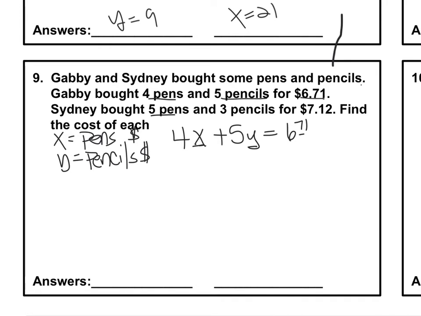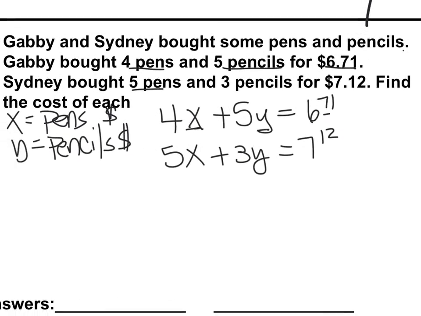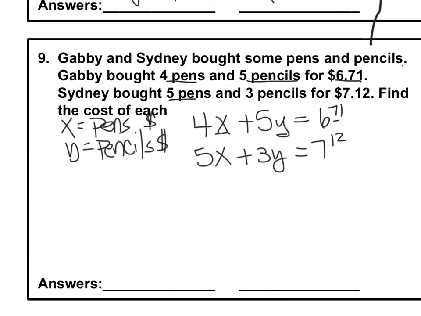And then Sydney bought 5 pens and 3 pencils, and she paid $7.12. Alright, so now you can do substitution or elimination. On this one, I'm going to eliminate, but I can't add or subtract because my coefficients aren't the same.